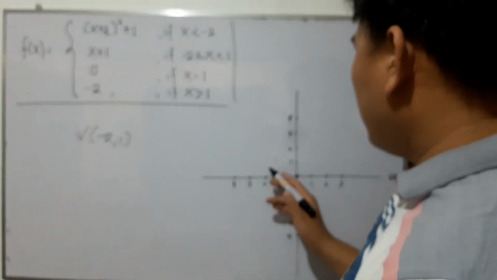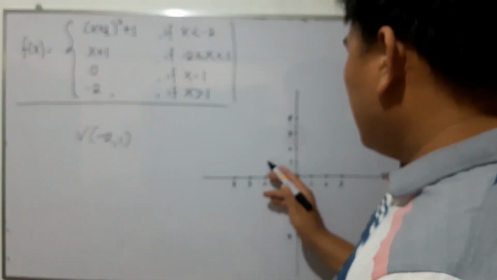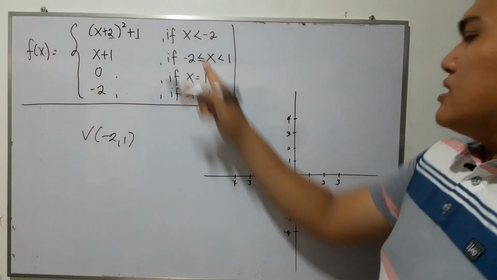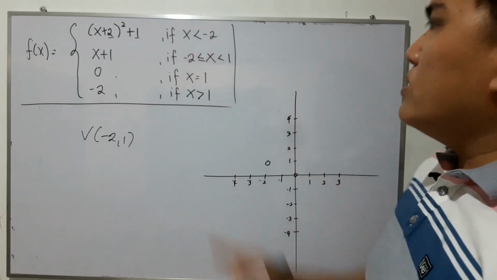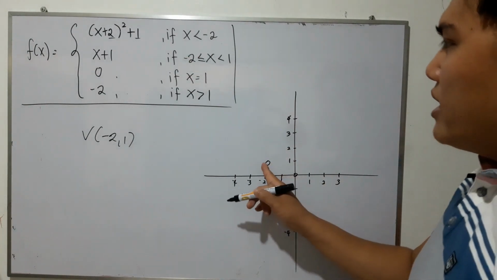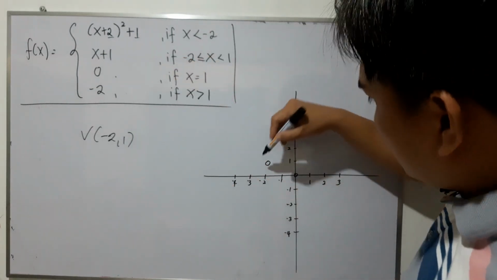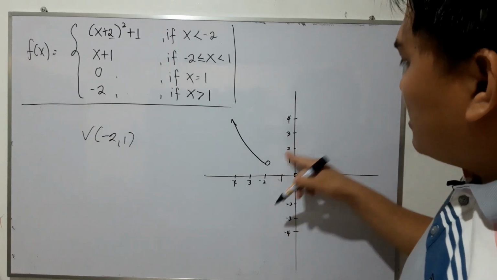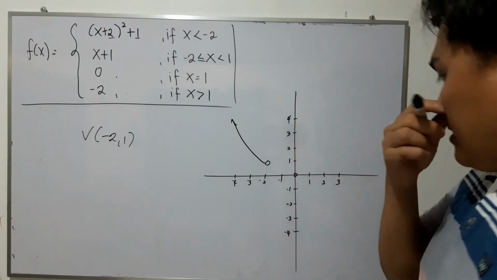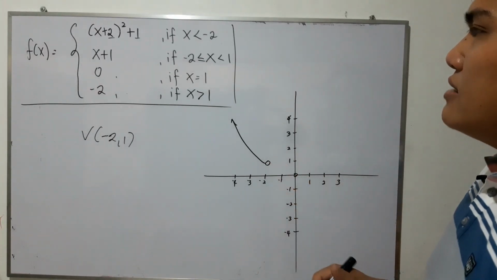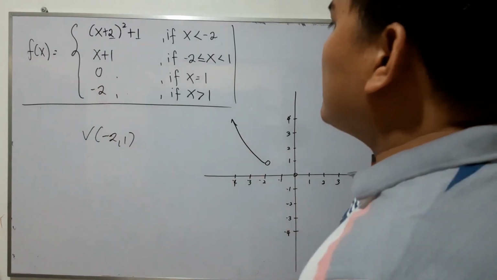So negative 2, 1 has to be a hollow circle since negative 2 is not included. It's supposed to be a parabola that opens upward, but since it's just less than negative 2, we will only have a part here. This part here is no longer part of the graph because the domain is restricted.